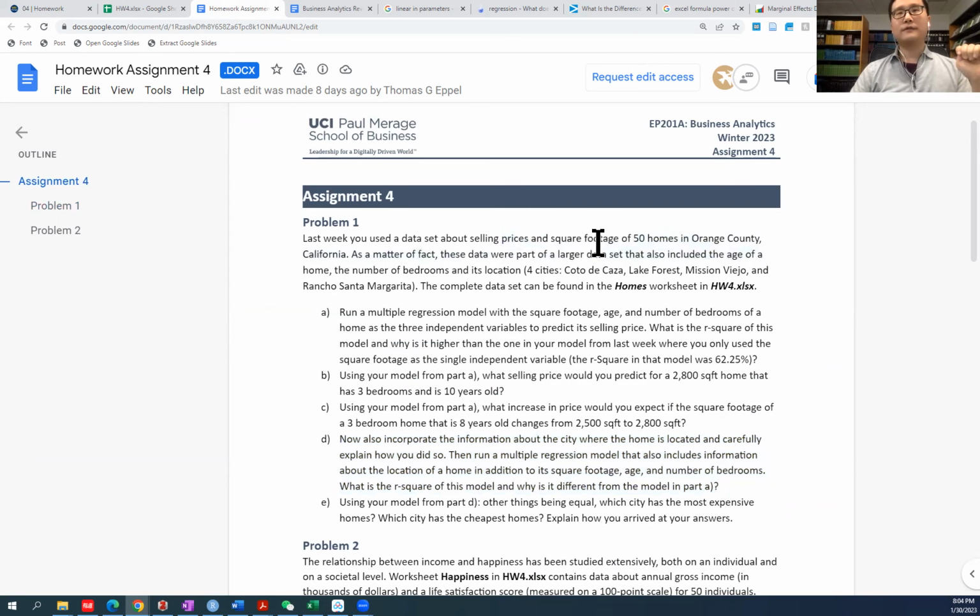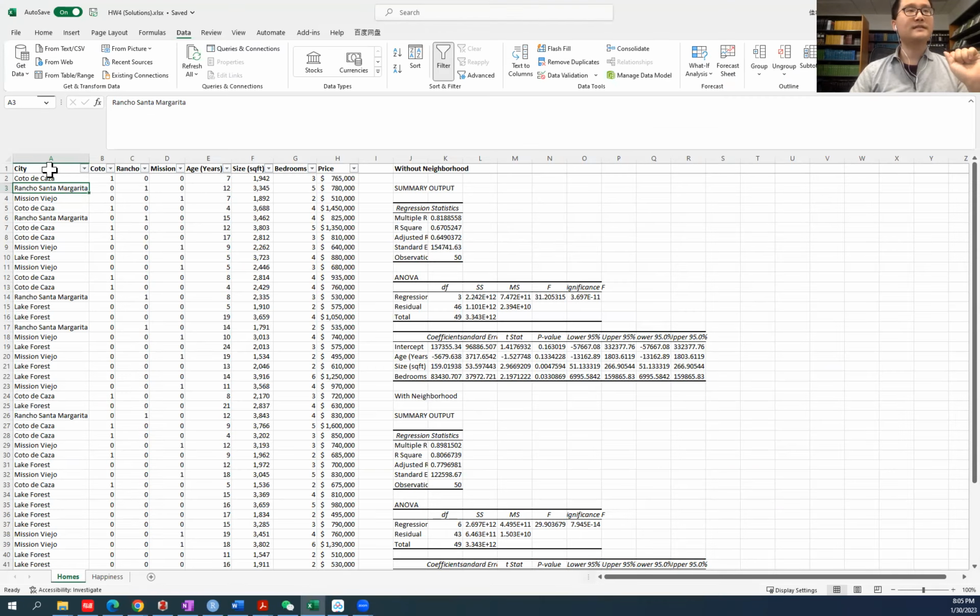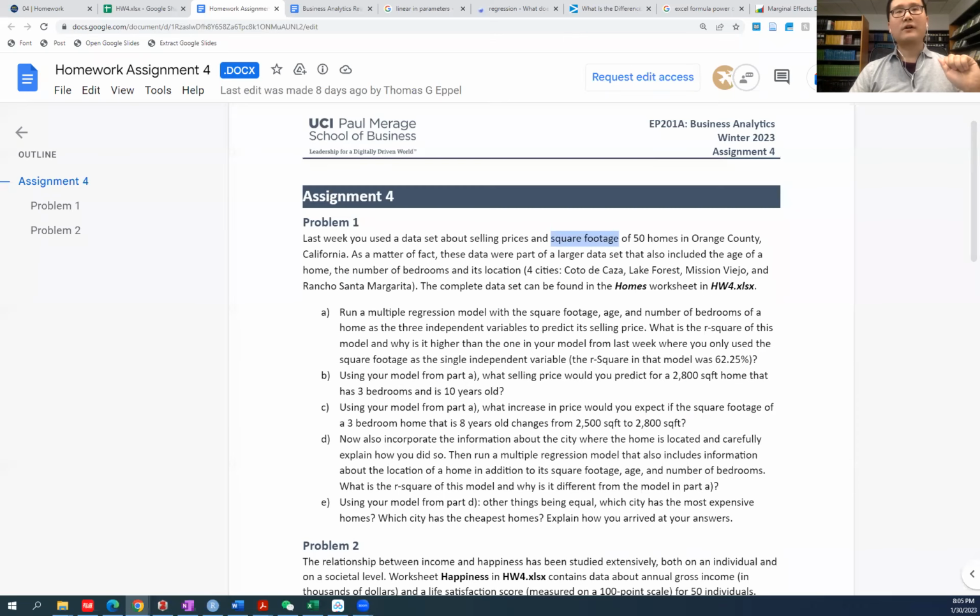In addition to square footage, which we already used in the week 3 homework question, this time we have a few more predictors, including the city where the house is located, the age when the house was built, and the number of bedrooms. In some earlier parts in problem 1, we already ran a regression where the predictors include square footage, age, and number of bedrooms.